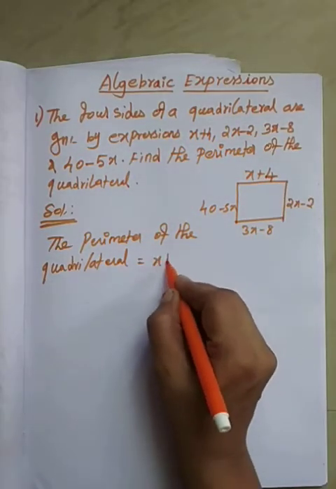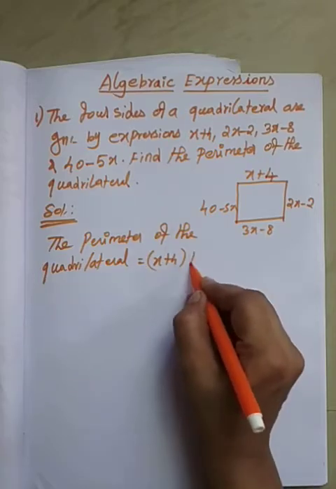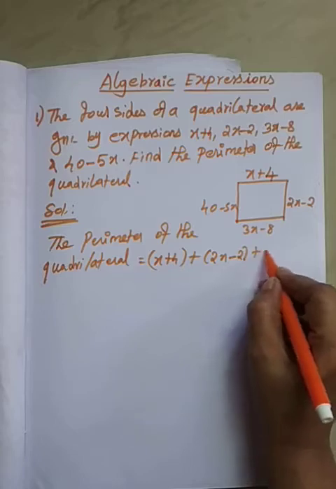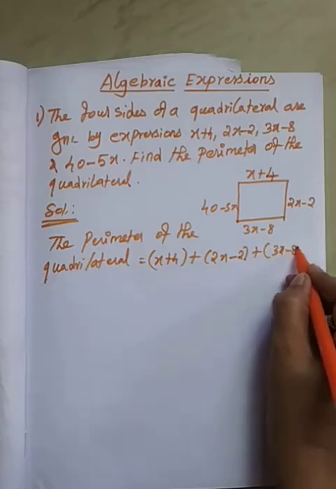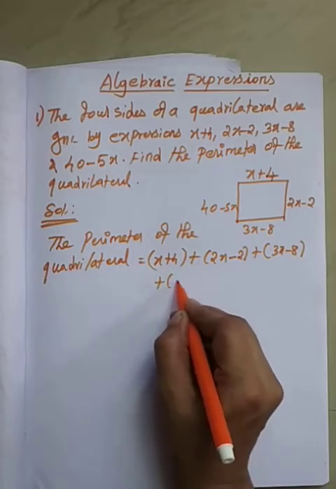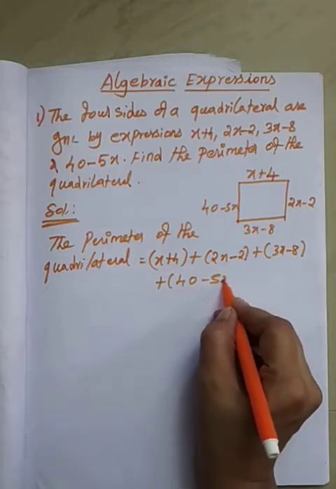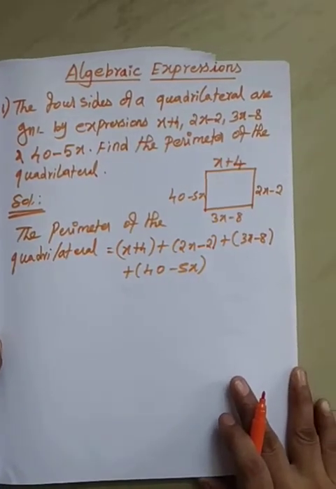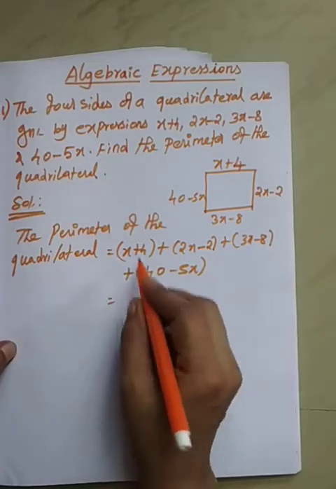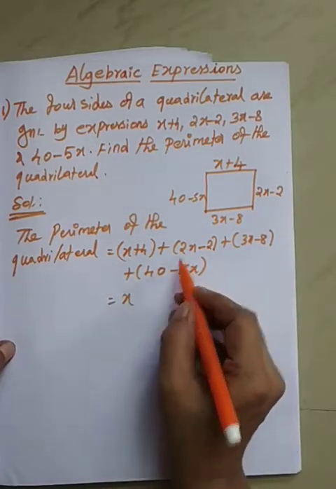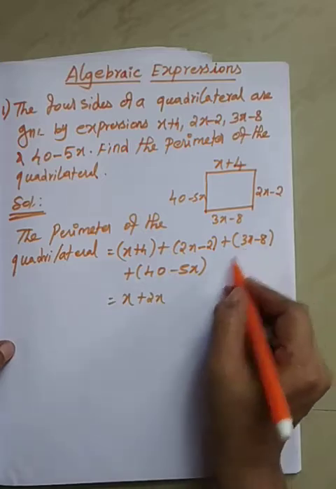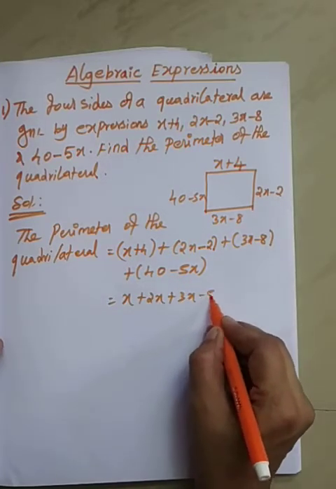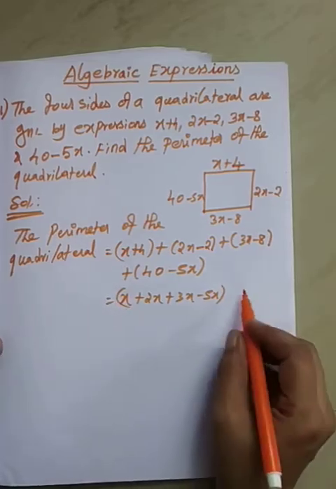So you can write x plus 4 plus 2x minus 2 plus 3x minus 8 plus 40 minus 5x. Now you have to arrange this expression. See here x, here 2x, in this one 3x, next minus 5x. So first of all you have to arrange the expression.